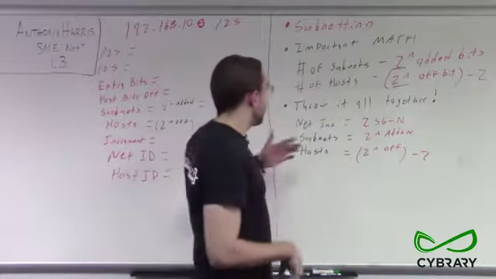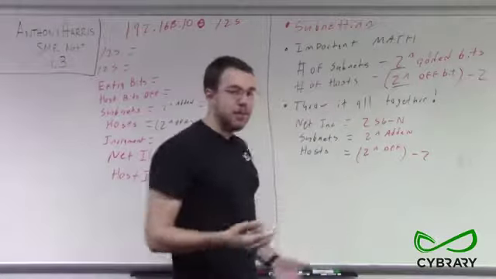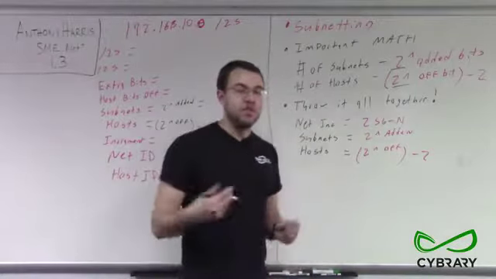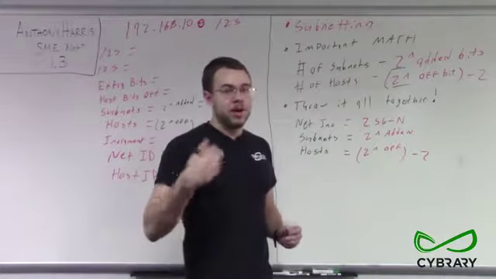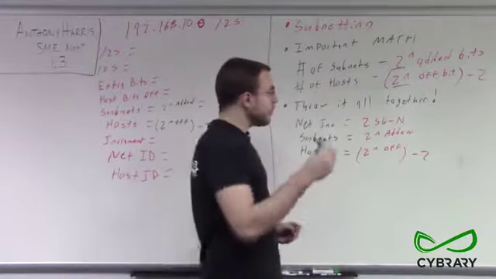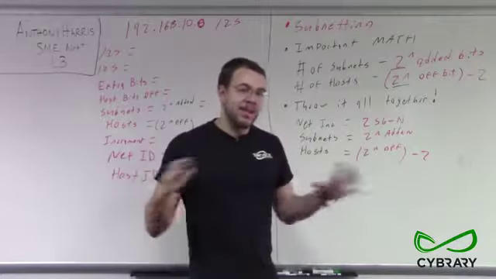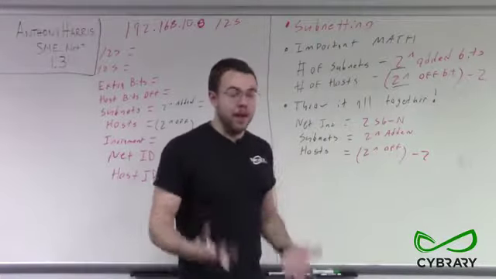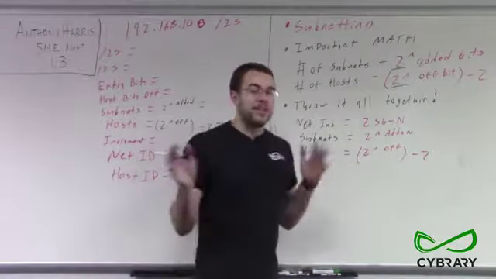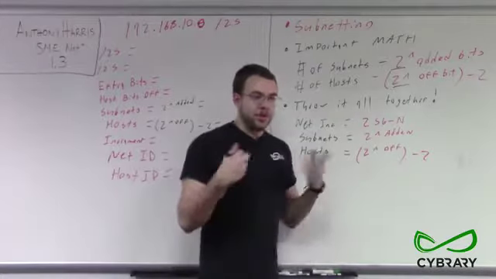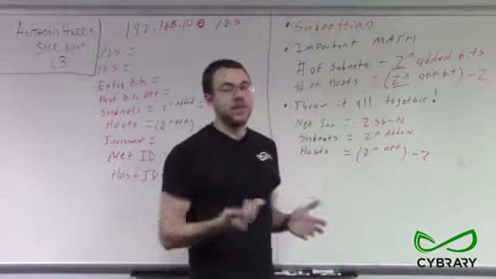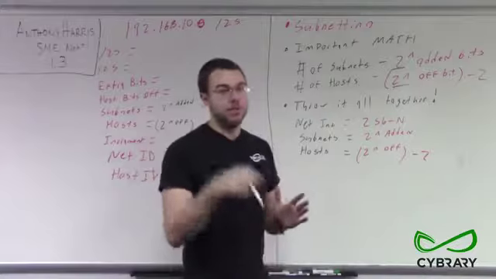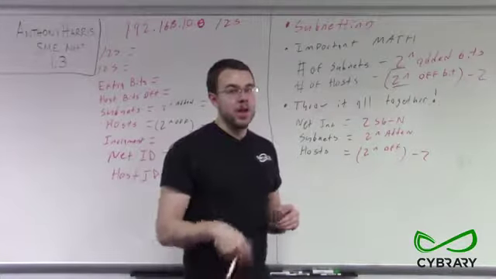Now, in the example that we showed a little bit earlier, where we had 255.255.255.240, we were modifying a Class C IP address subnet mask. So we said, okay, our default subnet mask for Class C would be 255.255.255.0.